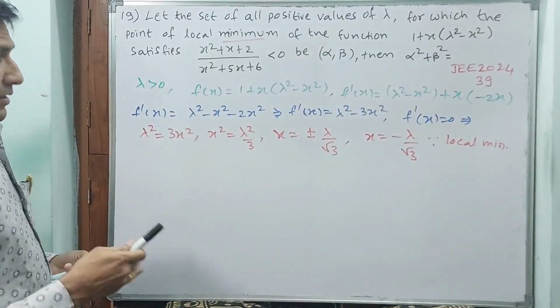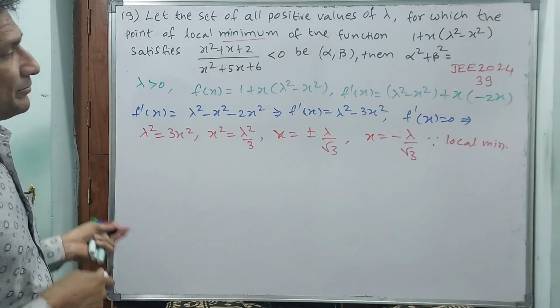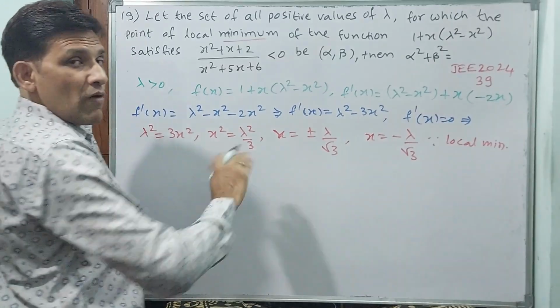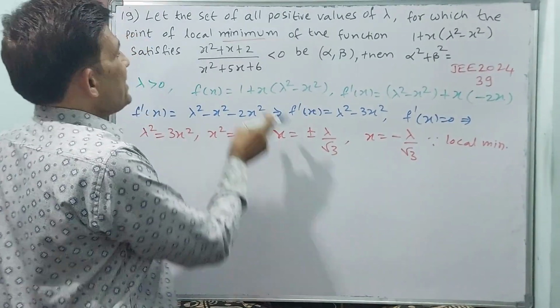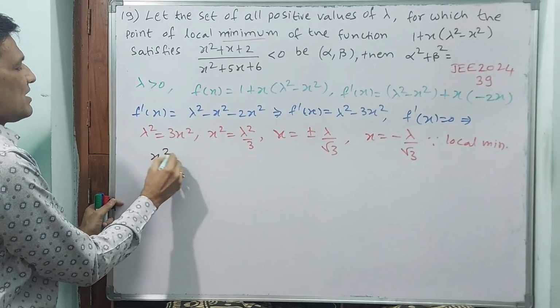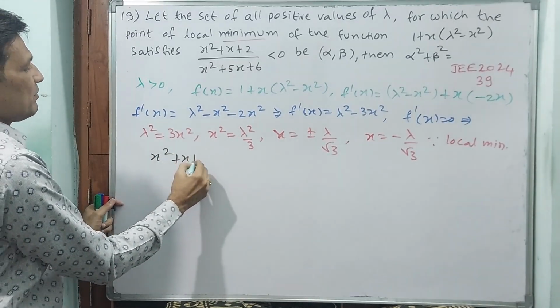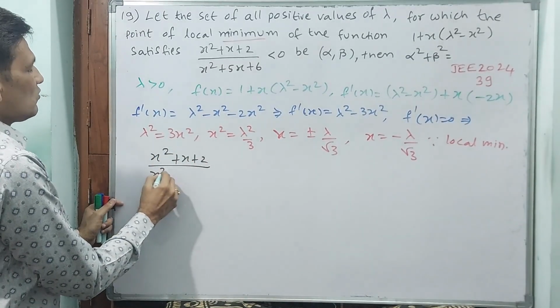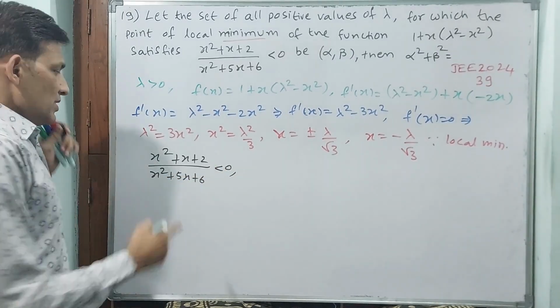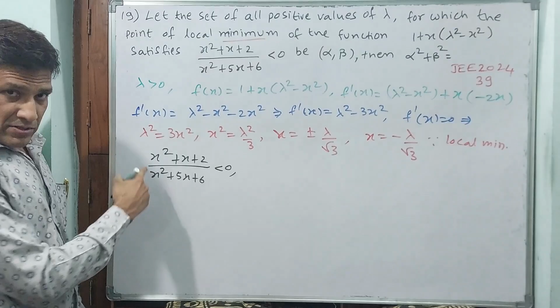If that is the case, how can you find alpha beta? Hint is there. Again you write: x square plus x plus 2 by x square plus 5x plus 6 should be less than 0. Here from the numerator a real number is not going to come. Why?